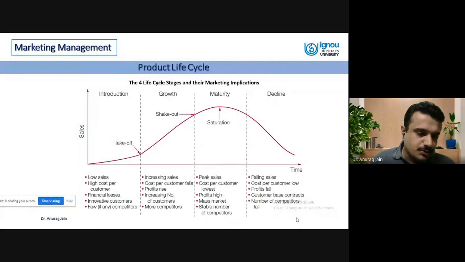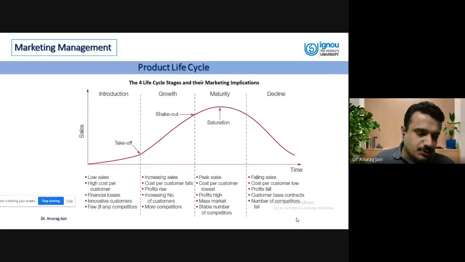So what actually happens? Suppose you have identified the pain points of your customers. You already understood what customers are looking for, and where a gap exists, and now you have come up with a very great product idea, right? Let me quote one such example.